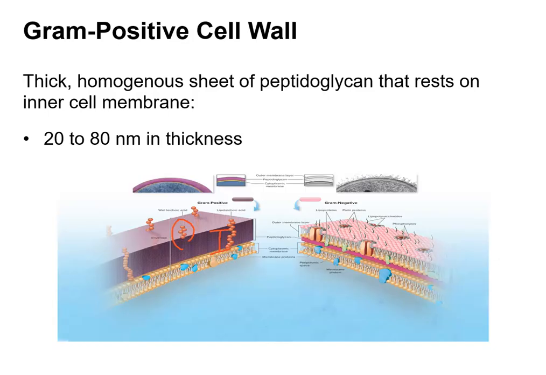Now, notice that we're saying that it's 20 to 80 nanometers in thickness. That is the thickness of the peptidoglycan layer, so much thicker than that of our gram-negative. So you might think that gram-positive, because they have the thicker layer, are better protected from your immune system or from other organisms because of this thick layer.